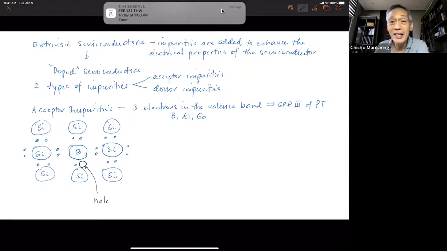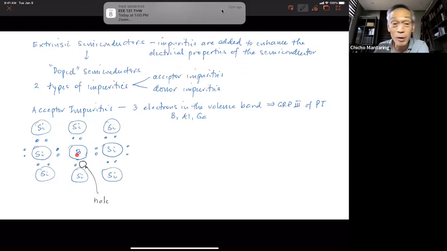This is still going to be neutral. Why? This boron atom has three electrons in the valence shell, so it will have the equivalent of three positive electron charges in its nucleus.